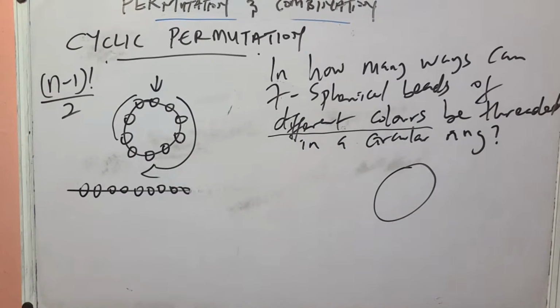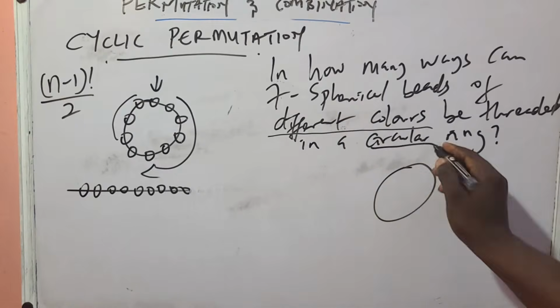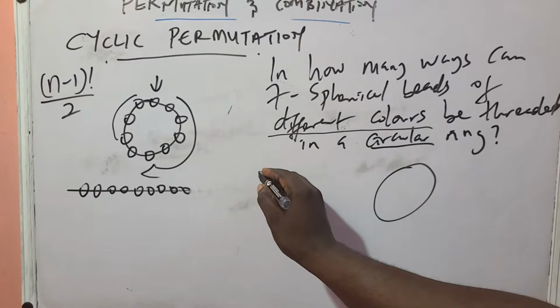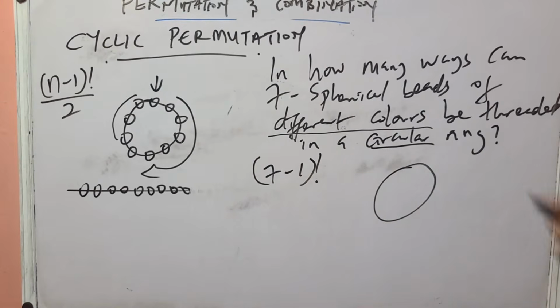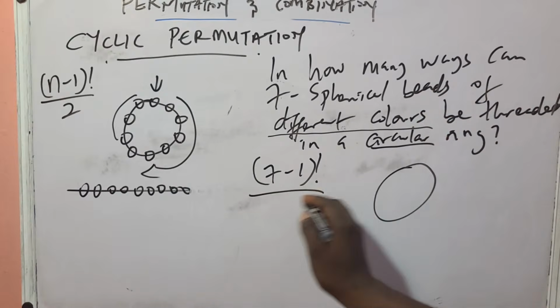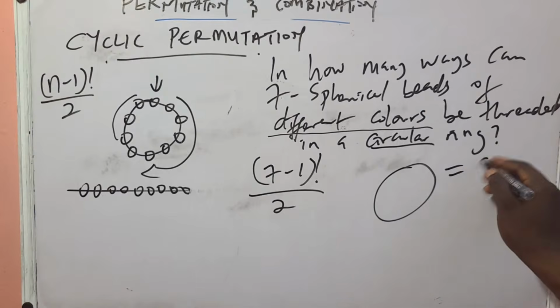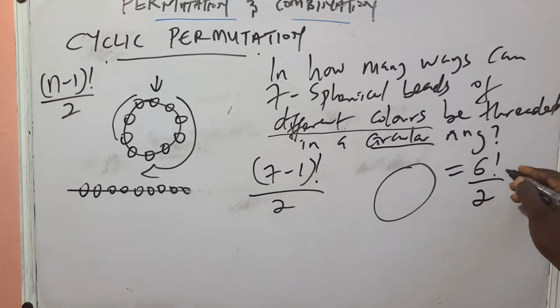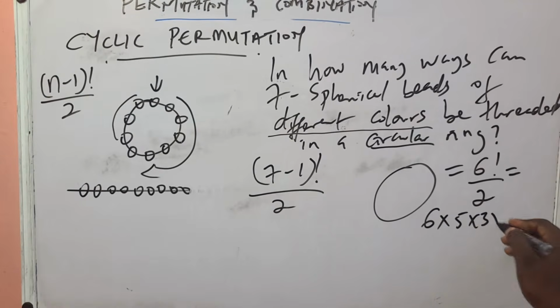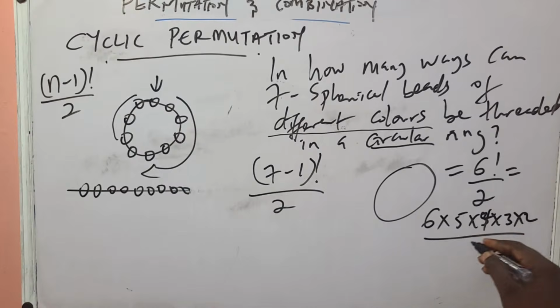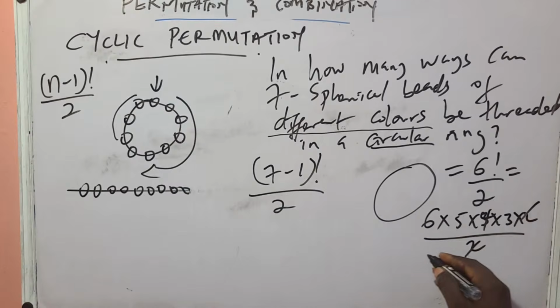So normally, if you were following the idea of circular permutation, the cyclic permutation, you would say 7 minus 1 factorial. But because it's a bead, which is a special type of cyclic permutation, you have to divide by 2. So that will be 6 factorial over 2. And we have 6 times 5 times 4 times 3 times 2 over 2. That will be 30 times 12.